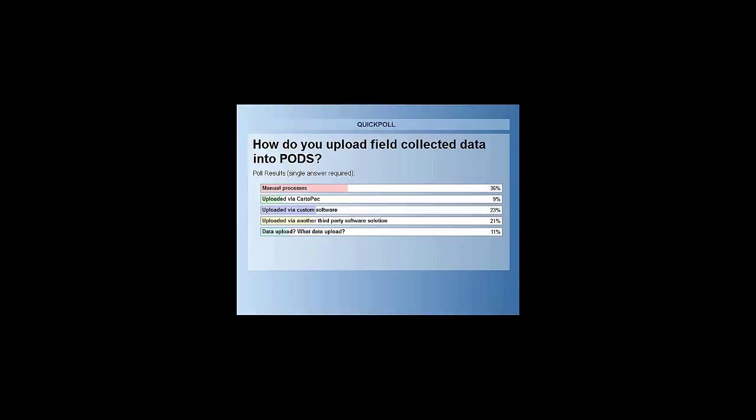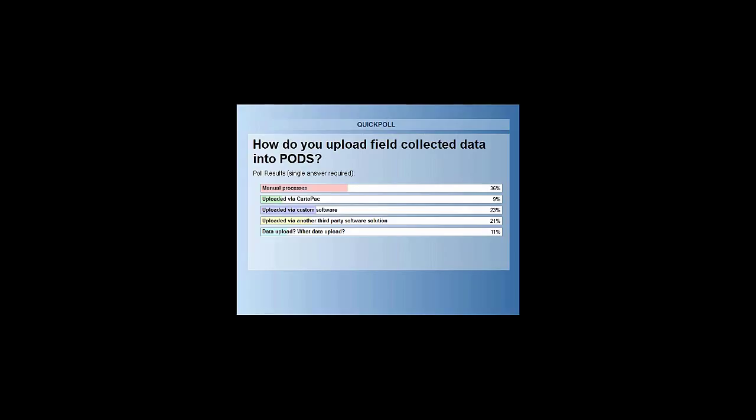All right, it looks like everybody got an answer in there. Just to go through what we collected, it looks like most of the attendees have a manual process in place to get that data from their field units into their PODS database. Second is uploaded via custom software, so that might be homegrown or from a smaller vendor. 21% uploaded via another third-party software solution. 11% data upload, what data upload?